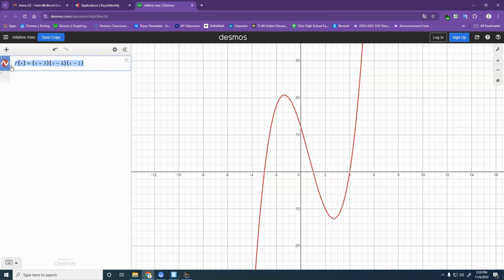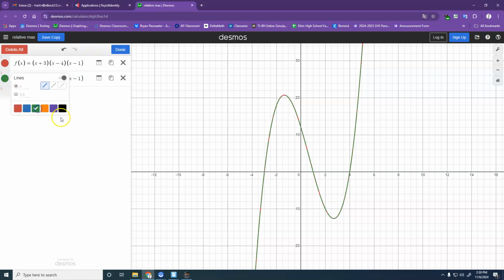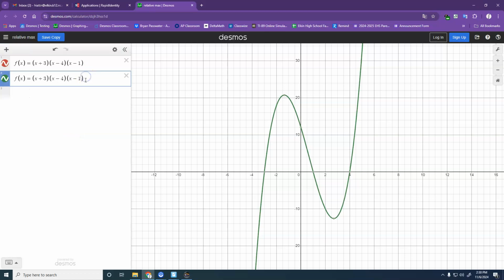if I look, I'm going to change the color. If I look at this only from, let's say, negative 2 less than x less than negative 1. Let's go 0. Right there.